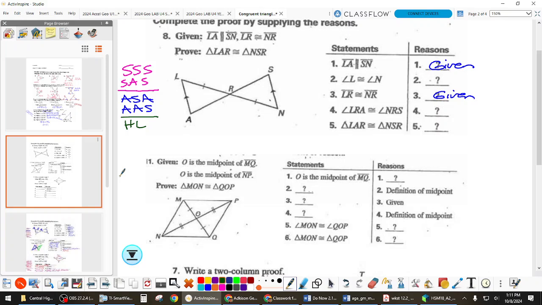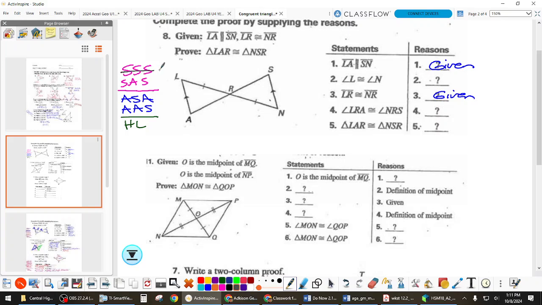So here's how I want you to think through these congruence proofs. Each time I think you should write these down because it really helps narrow down your direction. Right now I know one set of sides is congruent. How likely is it that I'm going to get two more? Do you see any way to prove that all the sides are congruent? No, me neither. Okay? So let's kick that one out.